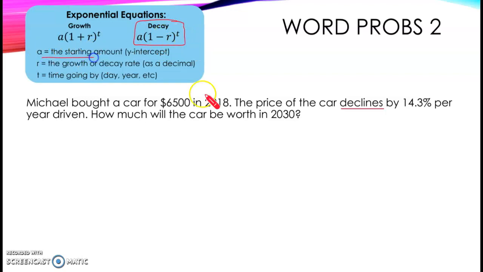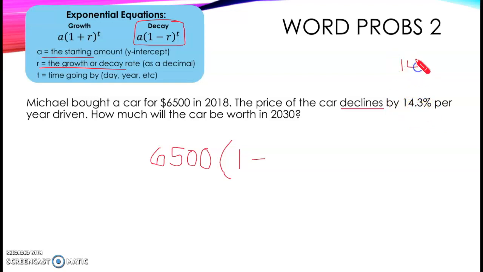Okay, we'll start with A, the starting amount. Well, Michael's car is $6,500. That's our starting amount. We're going to do 1 minus this time. We need the rate written as a decimal. It is written with a decimal right now, but we need to convert this from a percentage to a decimal.